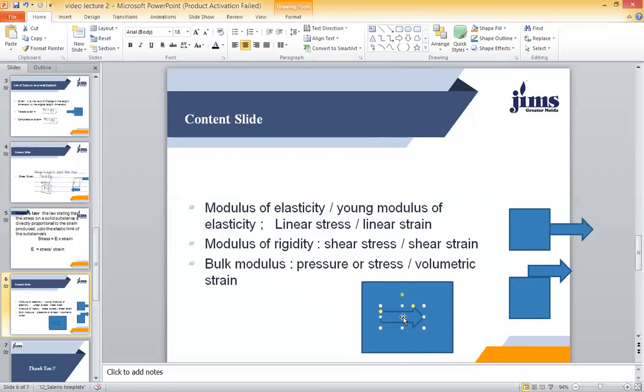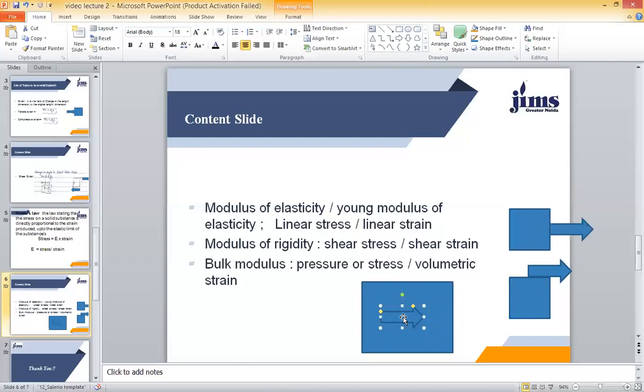If we applied a constant pressure or a constant stress in all directions in a body, then the volume of the body will change. So the stress to the volumetric strain. What is volumetric strain? That is the change in volume to the original volume. So the ratio of stress to the volumetric strain is called the bulk modulus.